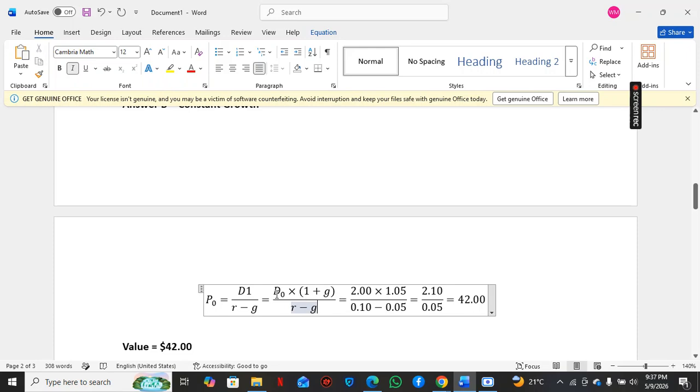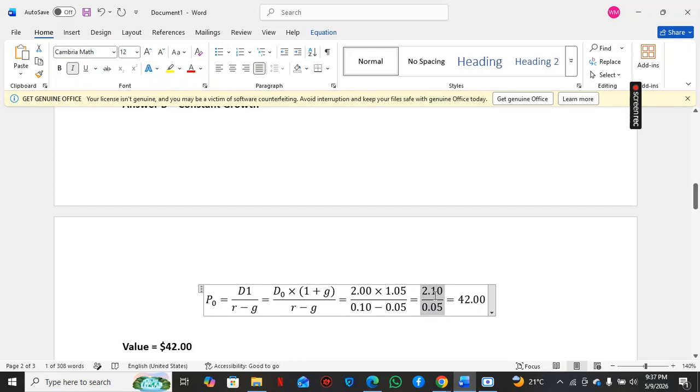So D0, which is $2, multiplied by 1 plus 0.05. Remember, the growth rate is 5%, so it's 0.05, over the required rate, which is 10%, 0.1, minus the growth rate, which is 5%. So 2 times 1.05, that is 2.1. 0.1 minus 0.05, that is 0.05.